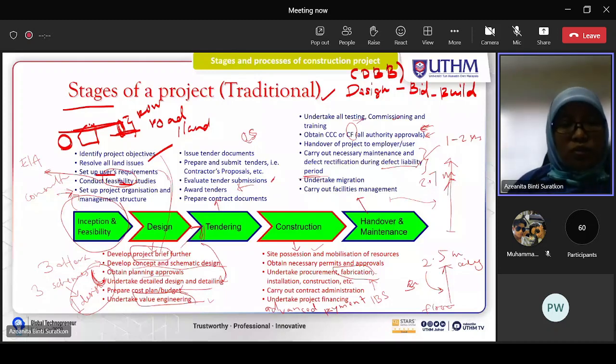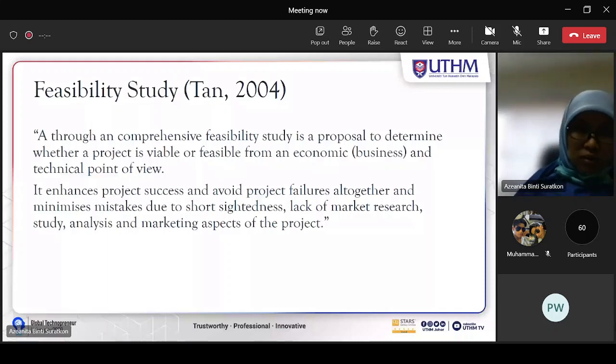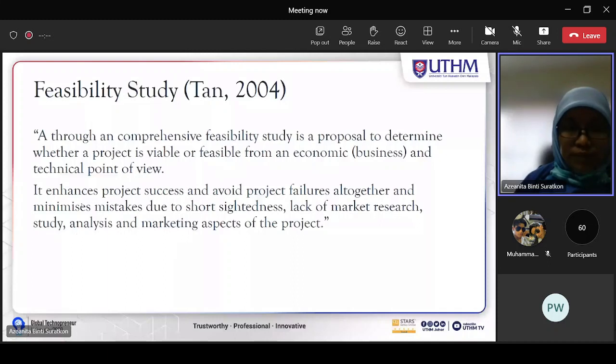Right, okay. So this is just a definition of feasibility study we already mentioned. I think this one is missing an O here.